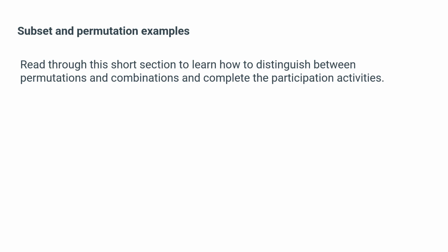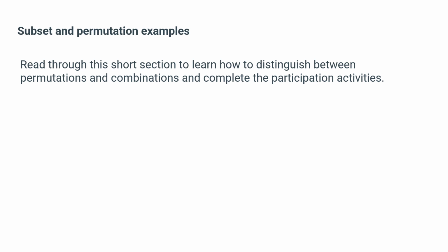And it's there to kind of give you some practice and help you be able to distinguish the difference between questions where you're going to need to find permutations, as opposed to questions where you're just finding subsets, or what we've said is combinations that we just talked about. So there's nothing new in here, but they just kind of help you learn how to distinguish.